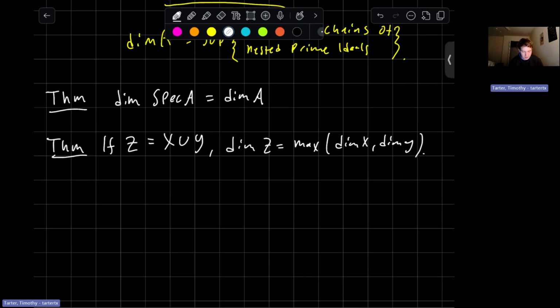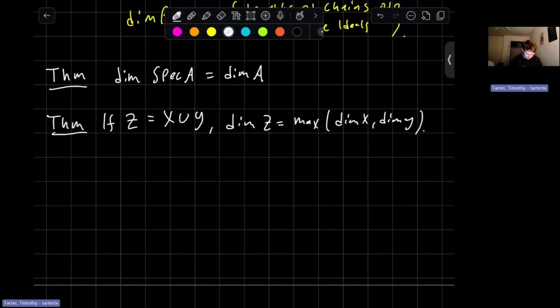We say that a topological space is pure dimensional if each of its irreducible components has the same dimension. So I guess this is a definition: a topological space is pure dimensional.